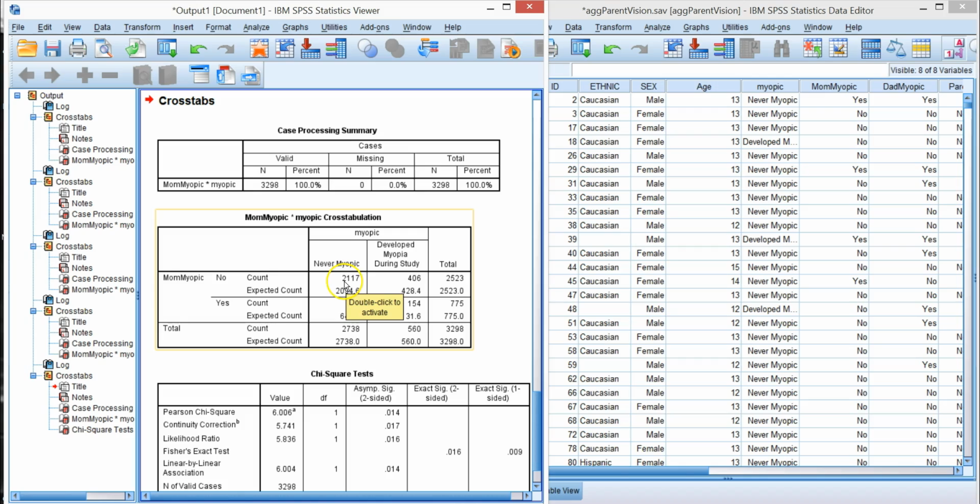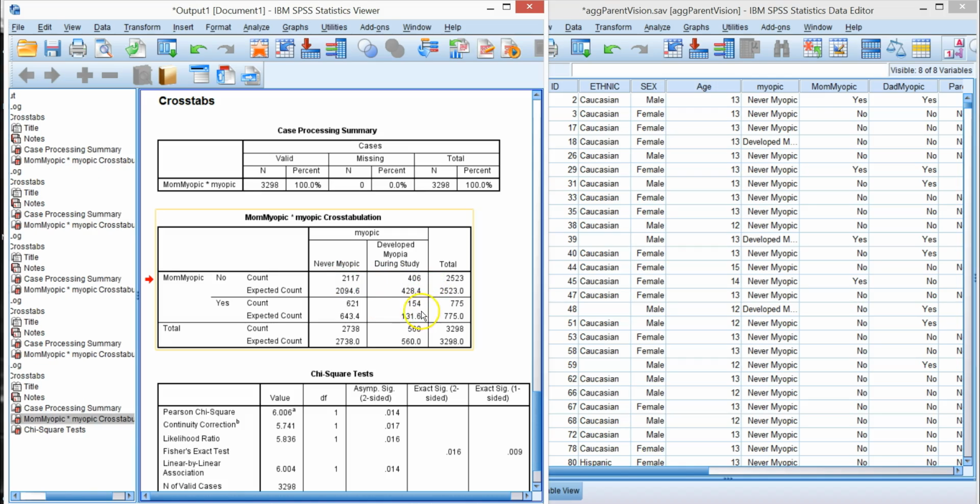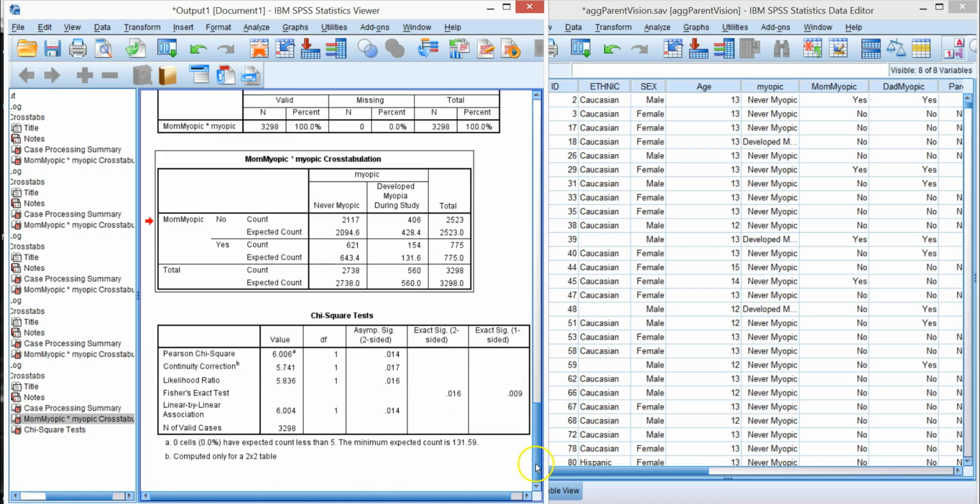Similarly, down here, 154 is higher than 131. If it was chance, you'd get 131, but there are actually more kids that developed myopia during the study if their mom was myopic. It's not a big difference, but it is significant in this case.